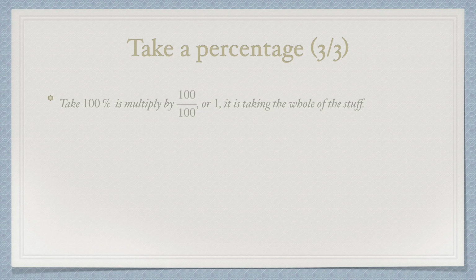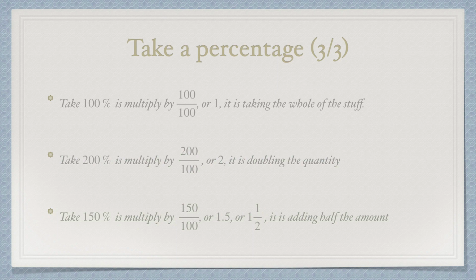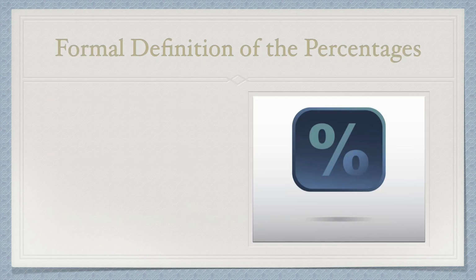It is taking the whole of the stuff. Take 200% is multiplied by 200 over 100 or 2, and it is doubling the quantity. Take 150% is multiplied by 150 over 100, or 1.5, and it is adding half the amount.